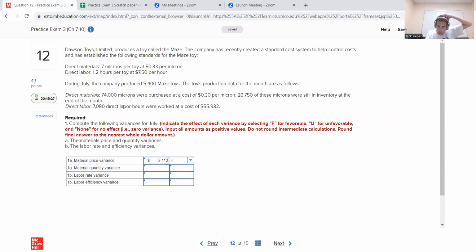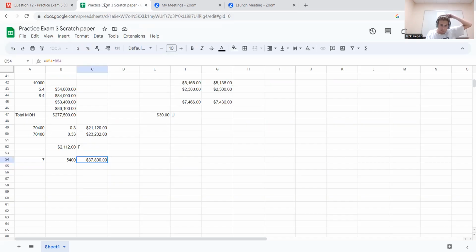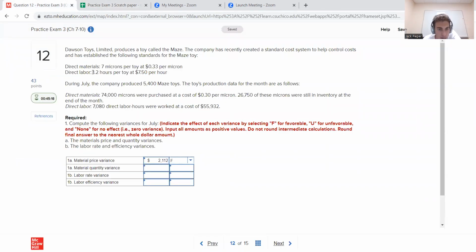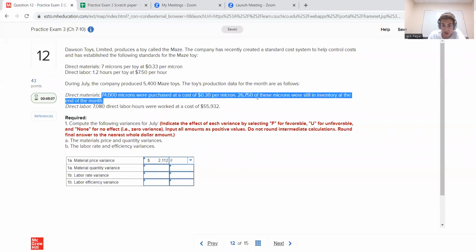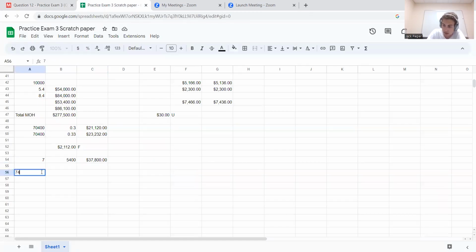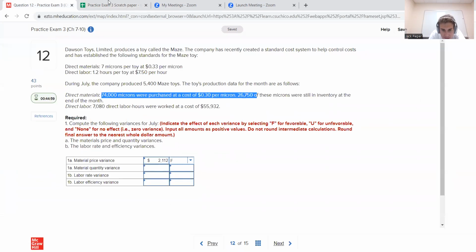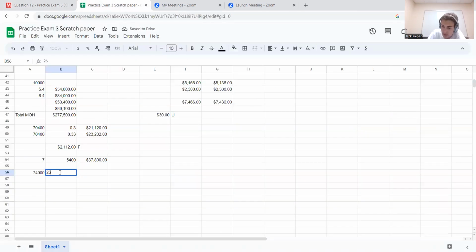Now we need to find out how many materials we used, right? So we'll do 74,000 minus 26,750.